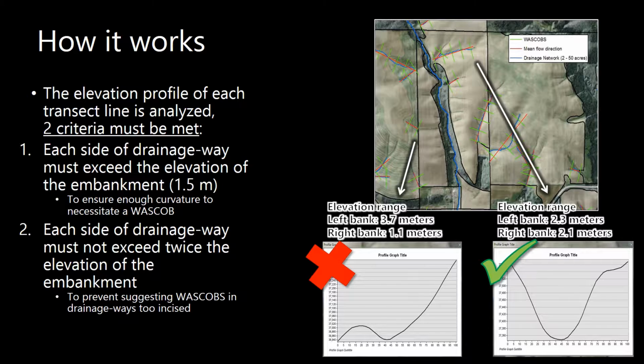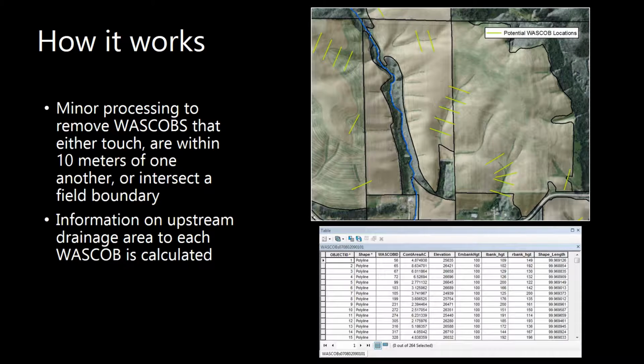Our left bank is 2.3 meters and our right bank is 2.1, so it's over that 1.5 meter embankment height that I specified. However, it is not twice that value. In the last couple steps, any WASCOBs that touch each other or are within 10 meters of each other or intersect a field boundary are removed. And then finally, information on the upstream drainage area to each WASCOB is calculated.